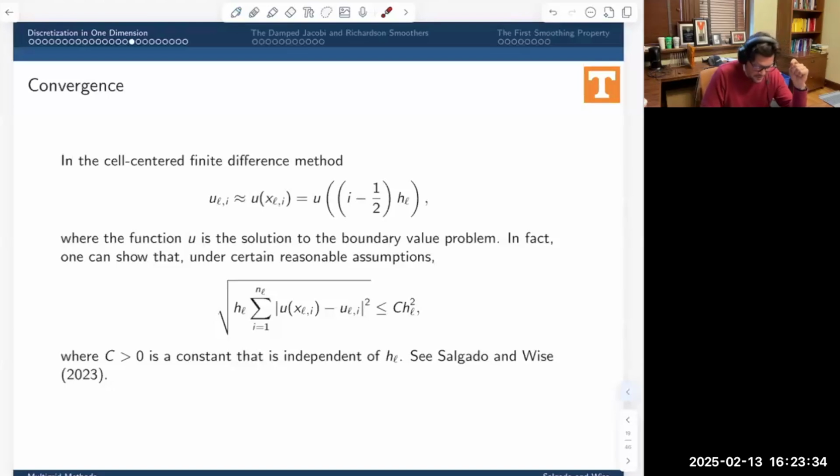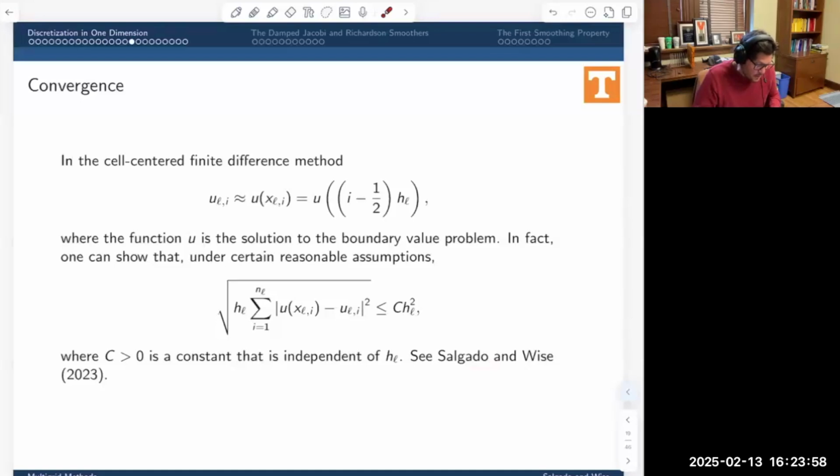And the norm of the difference between those two objects is less than some constant times h_L squared. That's what you can show. In fact, we're not going to do that in the book specifically, but you can go to our book from the Big Purple Monster from 2023, and you can see how this is done.